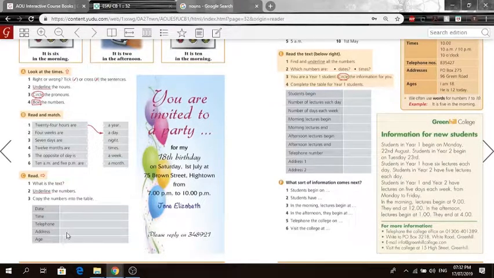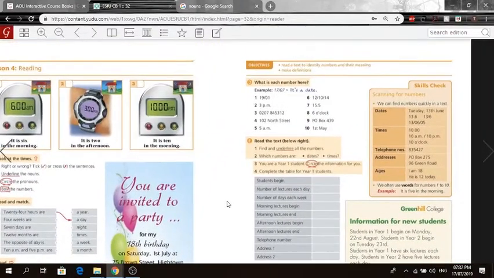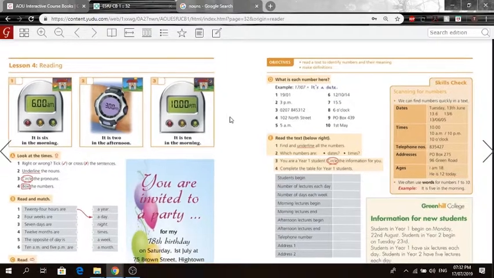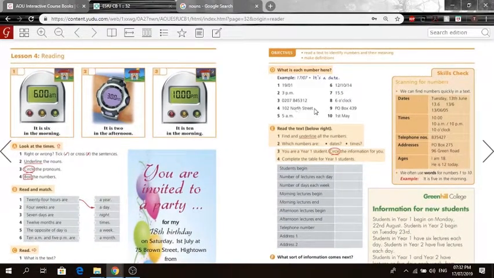Okay. Address will be 75 Brown Street, Hightown, and age is 18. Okay. Simple enough. Now let's move on to exercise D. What is each number here? Okay, so he's giving us these numbers, but it can be a date, it can be a time, it can be a telephone number, it can be an address, it can be an age, okay?